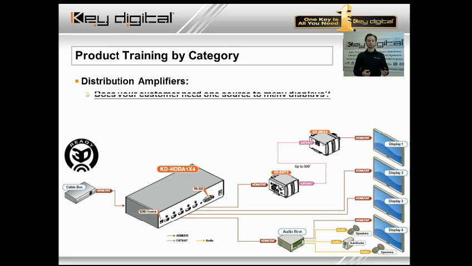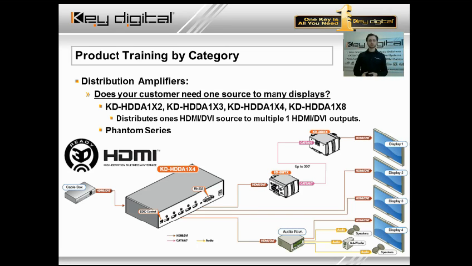You know that a switcher is typically part of a larger system. Now where it becomes especially important is in the case of a distribution amplifier. And so, as a recap, a distribution amplifier is when you have one source to many displays. Okay? So let's look at the product first, and then we'll talk about the EDID. Key Digital, under the Phantom series, has our distribution amplifiers, HDDA 1x2, HDDA 1x3, HDDA 1x4, and finally HDDA 1x8. 1x8, very large.